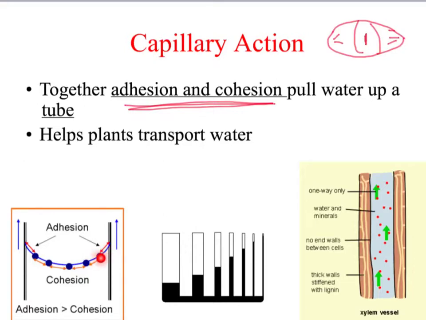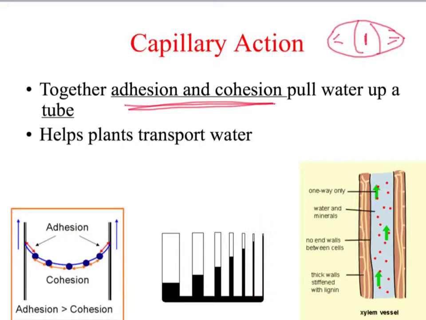As the first water molecule moves up the tube, it pulls with it the one it's attached to, and the one it's attached to, and so forth. So the water climbs the side of the tube and brings with it the water in the middle of the tube. The skinnier the tube, the smaller the ratio of edge water versus the water from the center, the higher the water is going to climb.